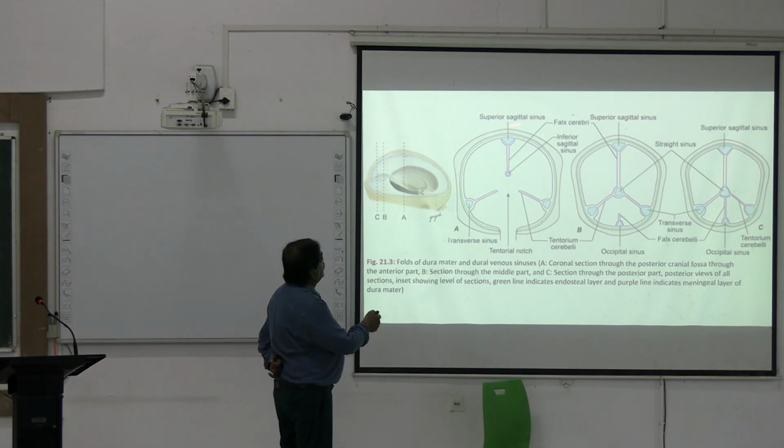You see the superior sagittal sinus. All books have this. Now falx cerebri, inferior sagittal sinus. This is the transverse sinus. This is the tentorium cerebelli and tentorial notch.